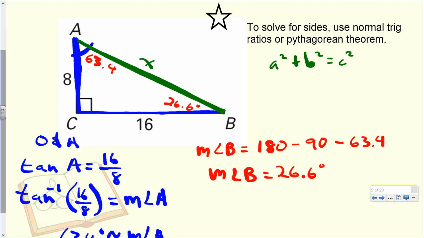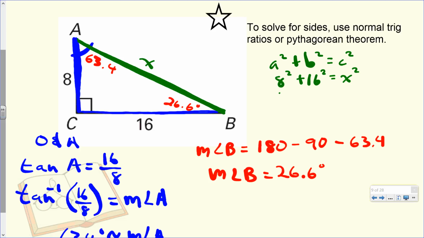And c is always what side? Starts with an H? Nice. So in this case, the hypotenuse is x, so I'm going to replace c with x squared. B is 16. A is 8.